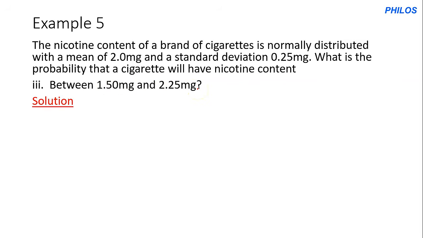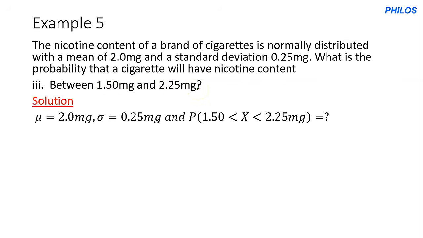So to solve this type, we know our mean to be 2.0 mg. Standard deviation is 0.25. But we are finding area between 1.50 and 2.25. But the formula for z says x minus mean divided by standard deviation. But for this, we are going to find two z's, okay? So the first z should be what? The first x here, 1.5, minus the mean divided by standard deviation.